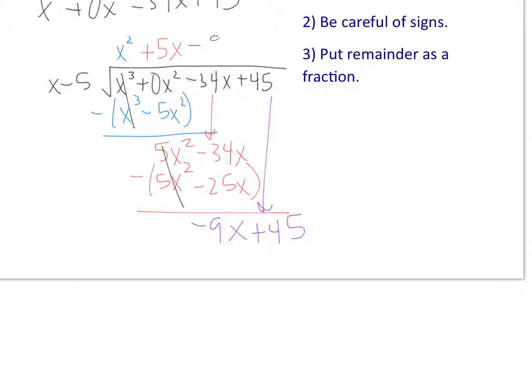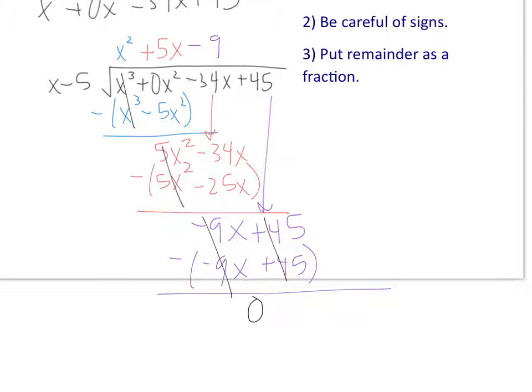Negative 9 times. x times negative 9 is negative 9x. Negative 5 times negative 9 is plus 45. So now we subtract. And negative 9x minus negative 9x, really means adding, goes to 0. And 45 minus 45, ooh, that also goes to 0.